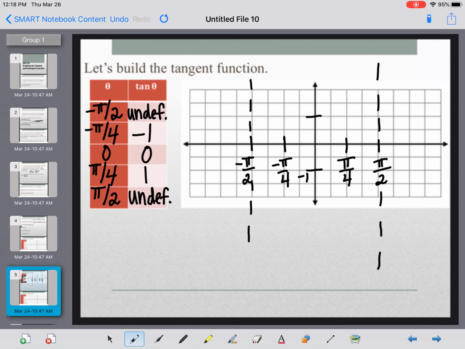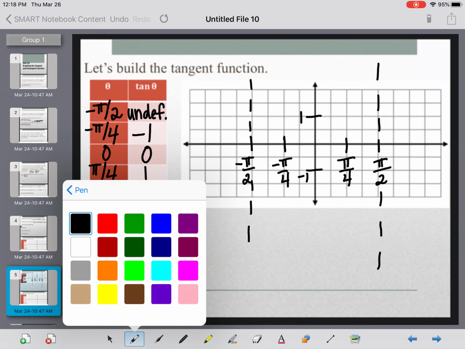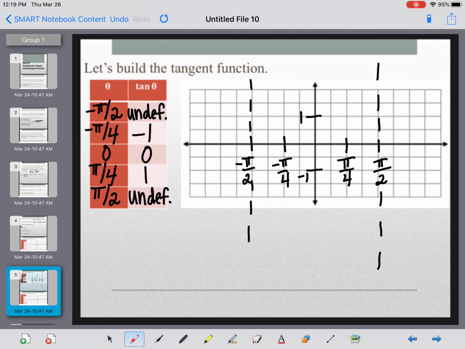So we'll make this -1, +1. Negative pi over 4, comma negative 1, 0, 0, and then +1. So it looks very similar to kind of a cubic function. It's got that slight curve in the middle, and then it approaches the asymptotes on either side. So this is a tangent graph.